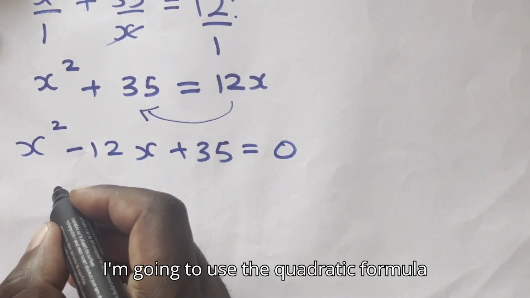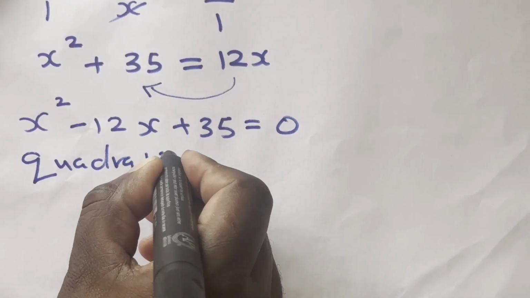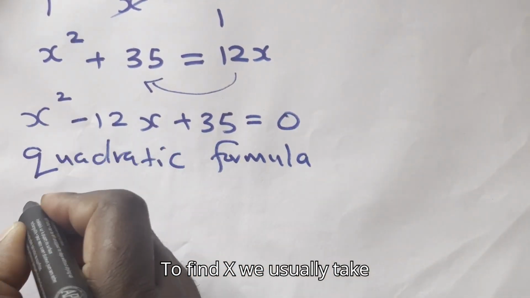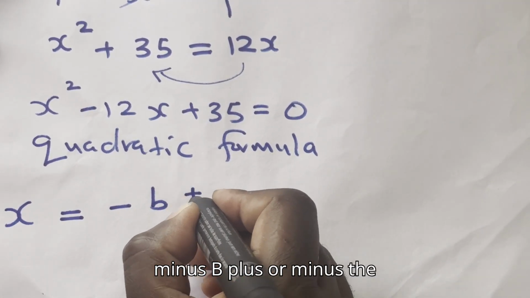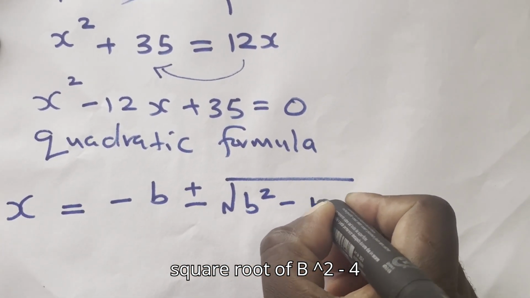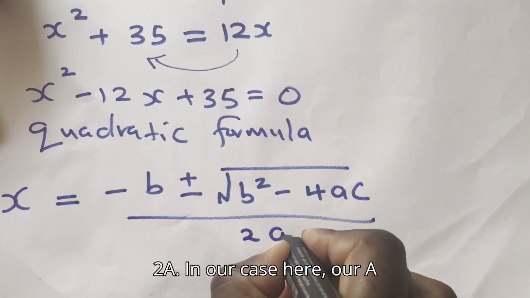To proceed further, I'm going to use the quadratic formula, and it says to find x, we usually take minus b plus or minus the square root of b squared minus 4ac all over 2a.